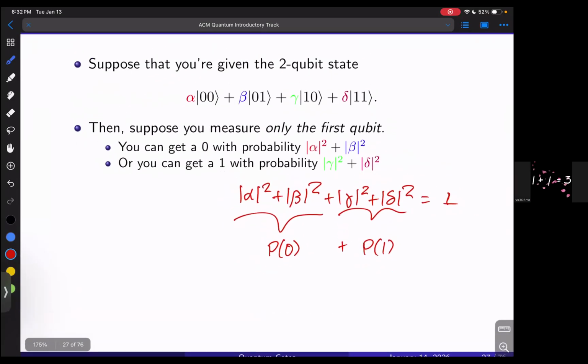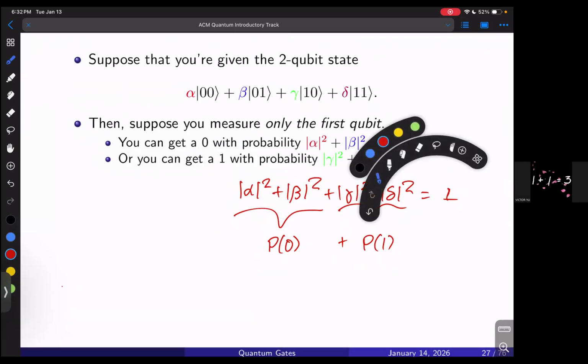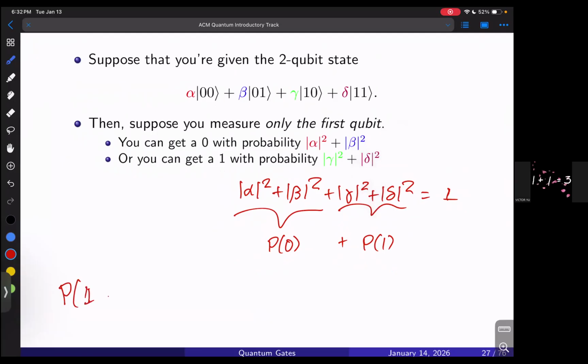Before we continue, I just want to ask, let's say we were measuring the second qubit instead of the first. What would the probability be of getting 1? So P1, what would that be?